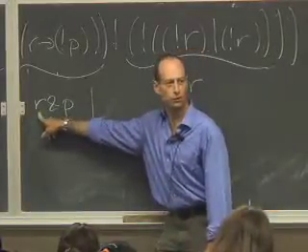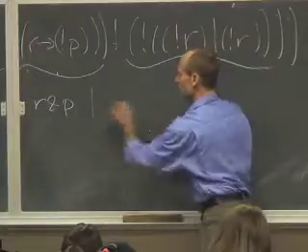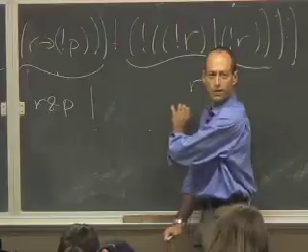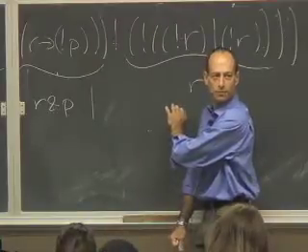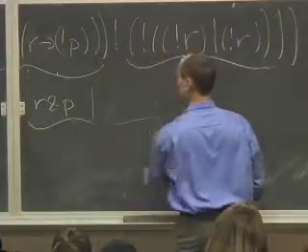But if R is true, this is true, and if this is true, this whole thing is true whether P is true or false, because you've got it true on the right-hand side. So this reduces to R.